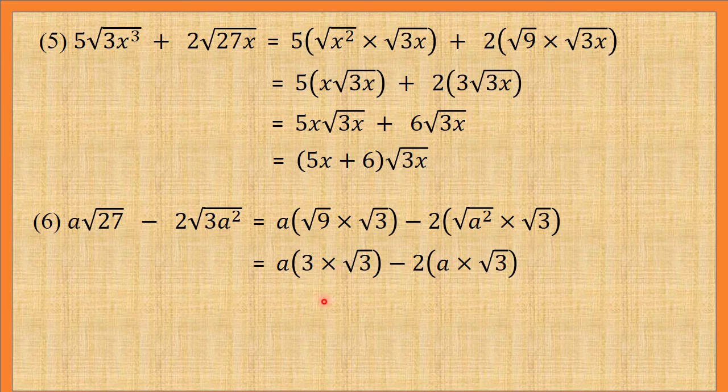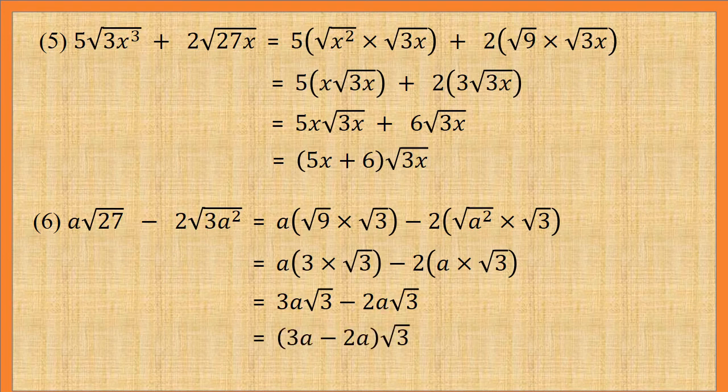So when we expand the brackets, we'll have 3 by a multiplying by that, so I have 3a root 3, 2 by a by this, so I have 2a root of 3. Then 3a minus 2a gives us a. So we have a root of 3.